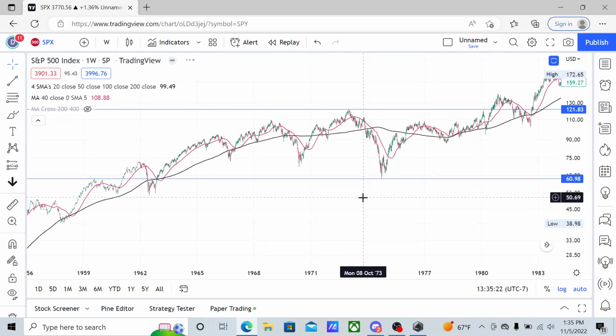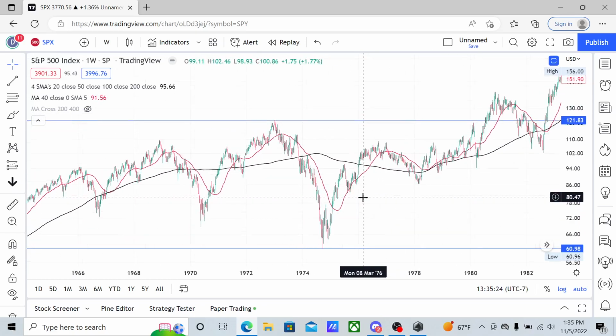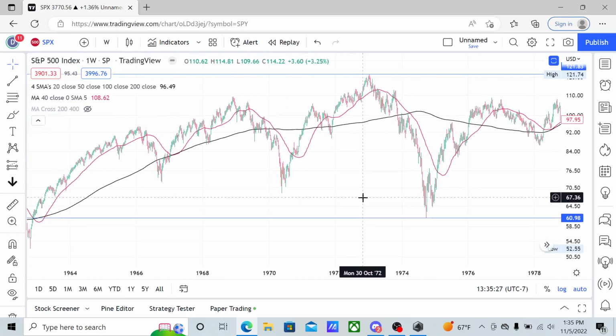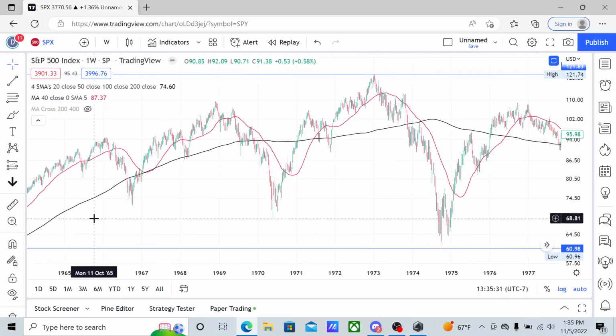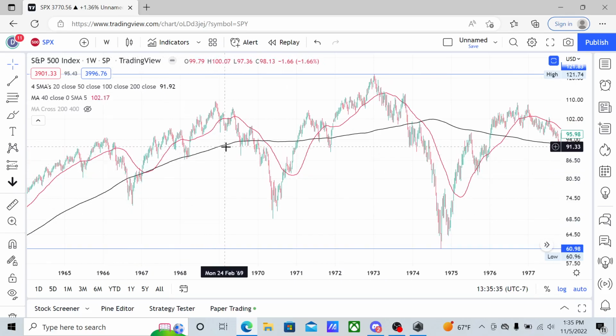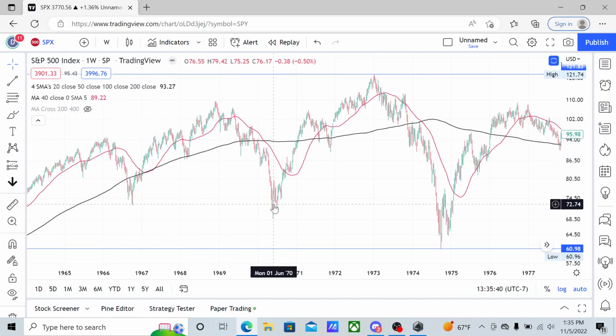If we look back, especially to the 1970s, starting from the 60s, you can see that as this black line starts to flatten out, the market is going up and then down and then coming back up, coming back down.